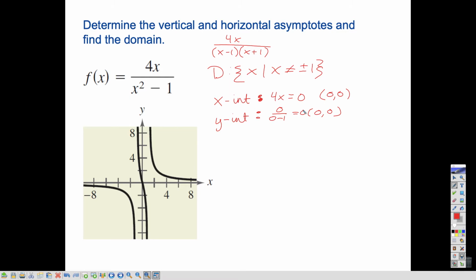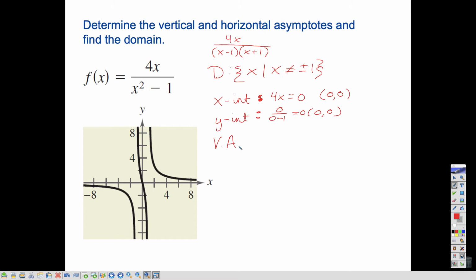So now what, Gentry? You have to find the VA. What is VA? The vertical asymptote. And how do I find vertical asymptotes, Gentry? I don't know how. I know HA. No, go up one more on your list. Under what you wrote down.